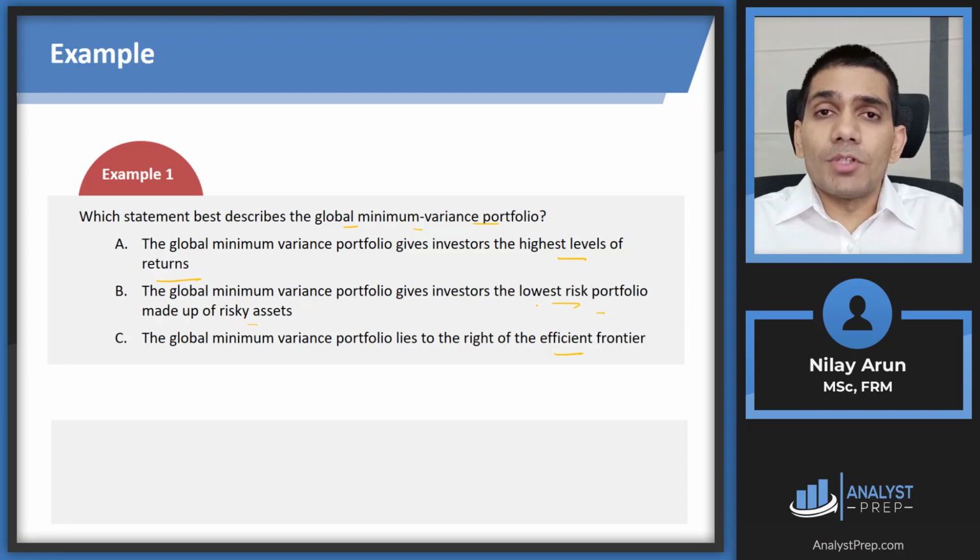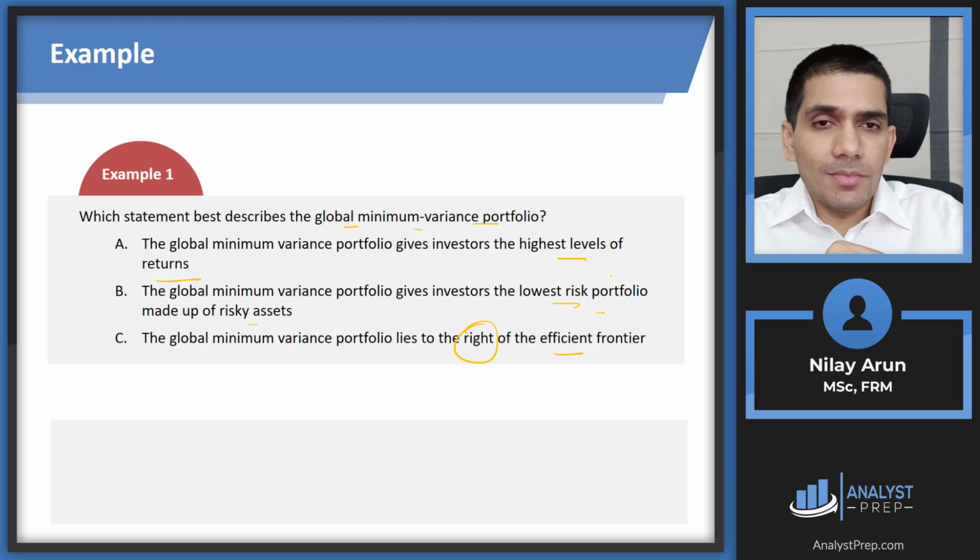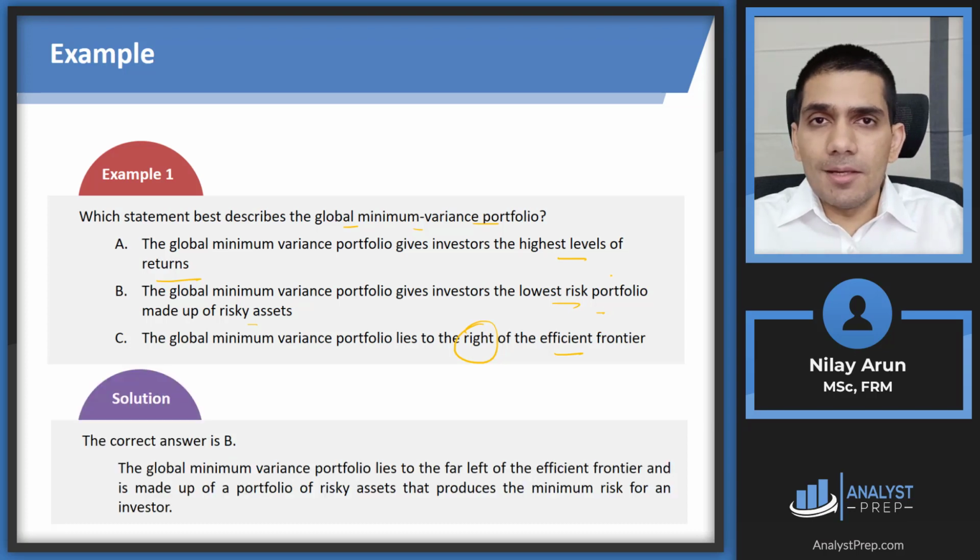That is obviously the definition, because this is the least risky portfolio on the minimum variance frontier that we have. The third one, the global minimum variance portfolio lies to the right of the efficient frontier. Again, that's wrong, because we saw that this point was the leftmost point on the entire curve. So it lies not to the right, but to the left of the efficient frontier. So the correct answer is B.